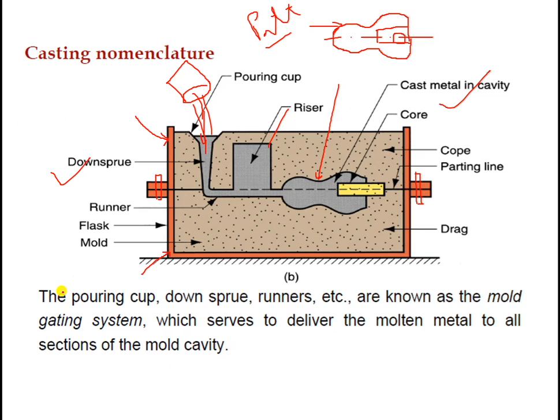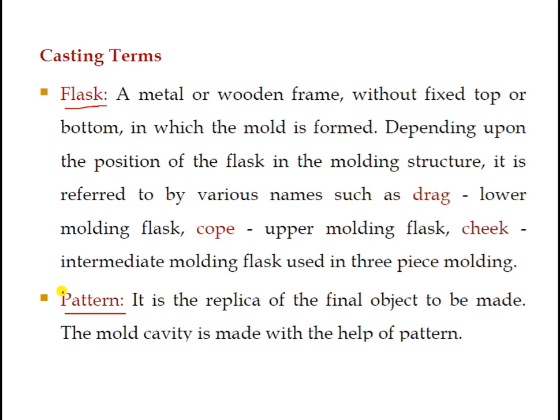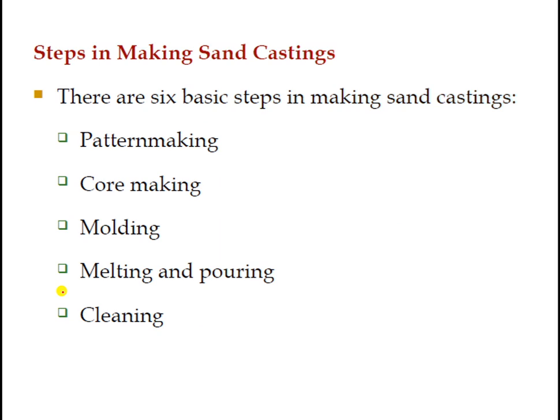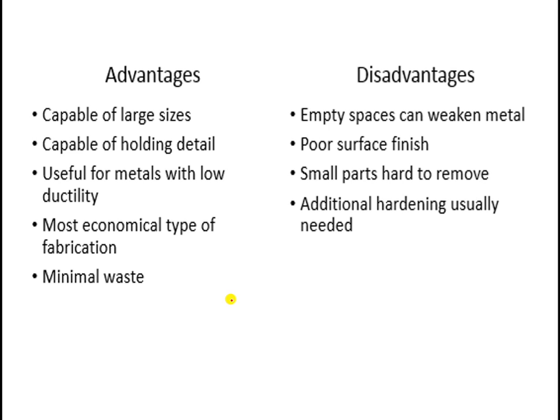Here there are no vents, but the same kind of thing is possible as far as the riser is concerned. So these are the things; try to remember them. Again the same steps: pattern making, core making, molding, melting and pouring, and cleaning. These are the basic steps.